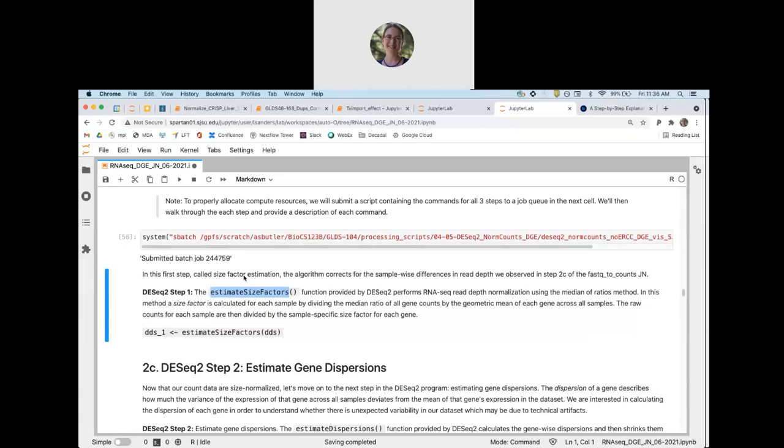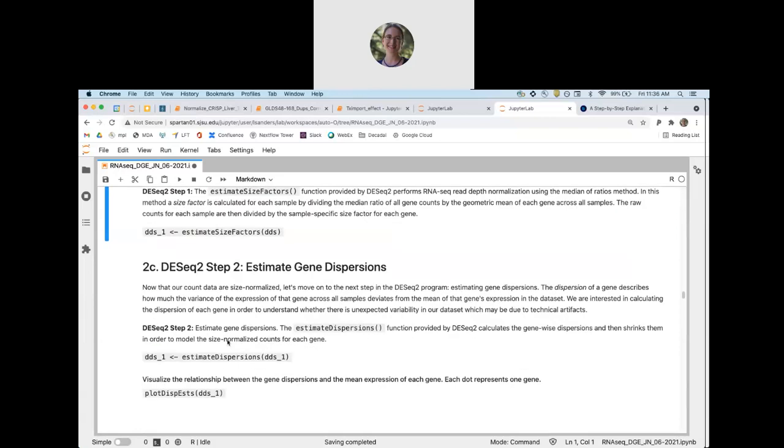That's all packaged in this function. We call the function, passing to it our DESeq dataset object, and we're assigning the output to an updated DESeq dataset object that we're calling dds_1. So super easy to normalize your data using size factor estimation. Very straightforward.